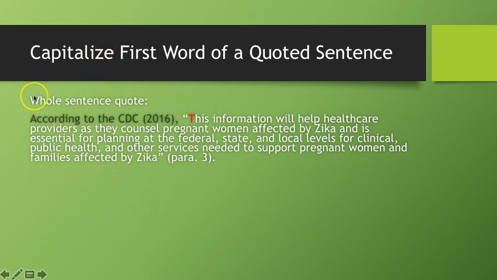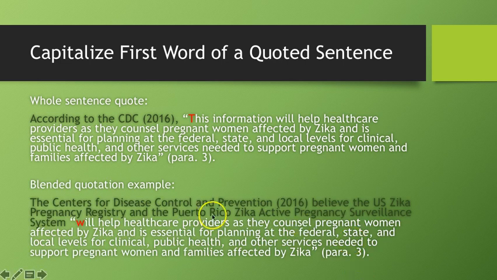And to see an example of capitalizing in a quote, if you have a whole sentence that you're quoting, capitalize the first word. So you might have a signal phrase like, according to the CDC, comma, quote, this information, etc. Here is an example of a blended quotation, where I'm blending part of the quote into my sentence, so it is not a full sentence quote.